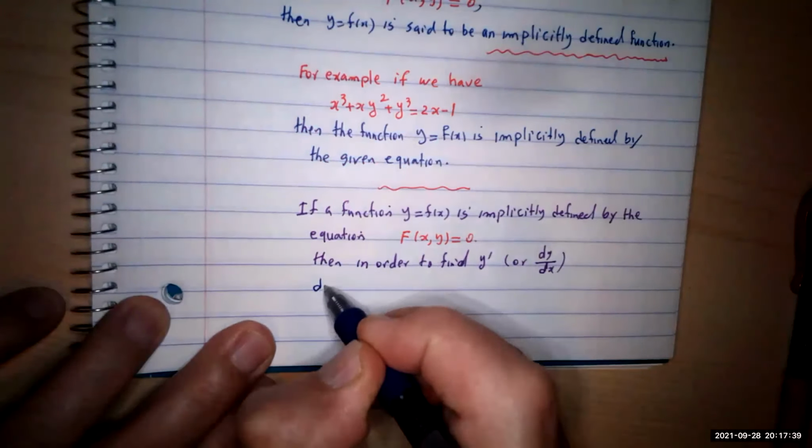Because y is just a function of x. So when we get to the x's, we just use the usual n x to the n minus 1. When we get to the power of the y, we apply the power rule, but you multiply by y prime. There is a y prime here, and then you solve for y prime.